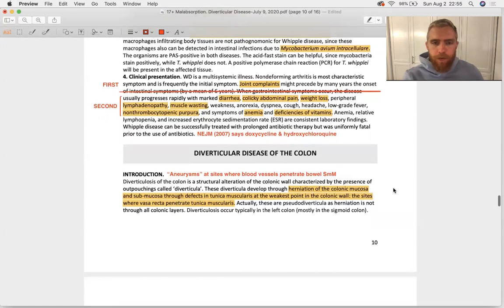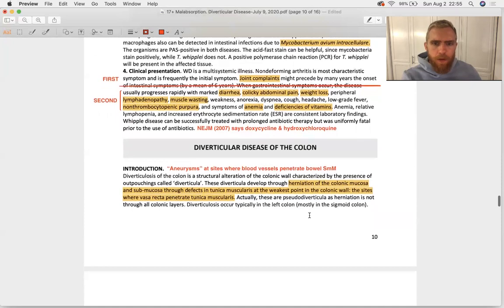But when it presents in the GI tract, same old diarrhea, weight loss, lymphadenopathy, muscle wasting, anemia and vitamin deficiencies. Most recent article I could find says treat this with doxycycline and hydroxychloroquine.